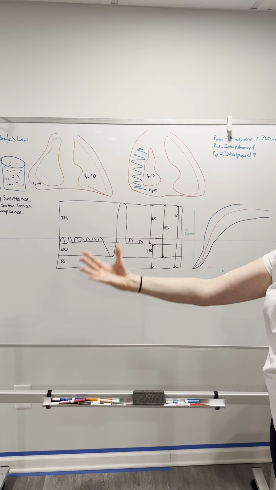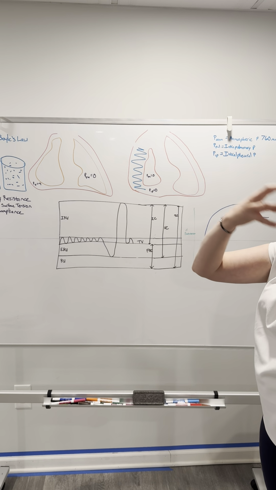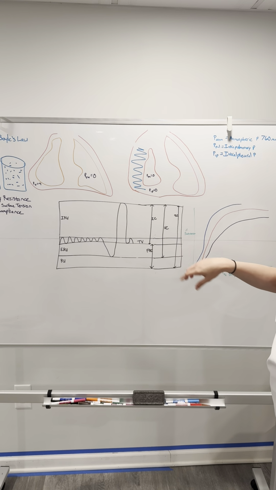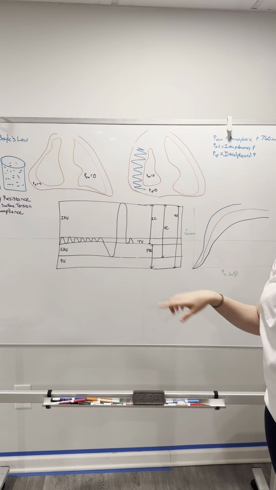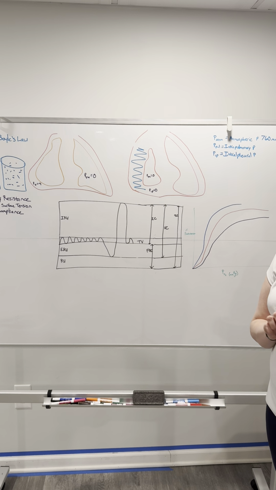That's my vital capacity. And then total lung capacity is how much air you could possibly fit in your lungs, including this residual volume. Make sure you know all of those volumes and capacities, what you need to add together to get the capacities, and what the volumes are describing.